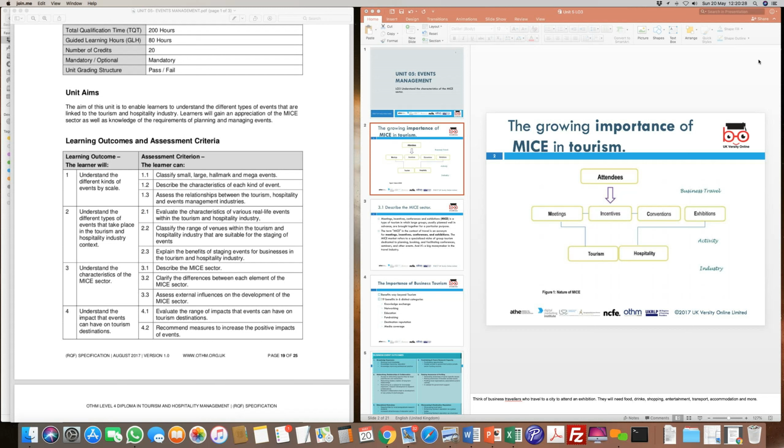The reason I say this is that it will help give a greater understanding of MICE as a concept, and why it is so important within the travel, tourism and hospitality sector. So let's start off with going through some of the slides which I put together.